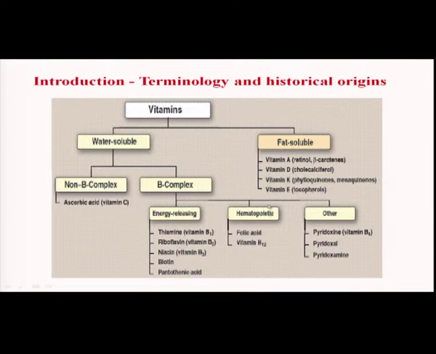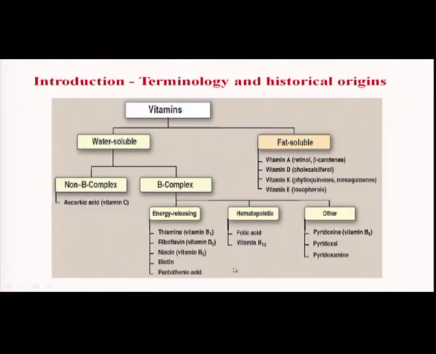Now look at the vitamins which are hematopoietic in nature. What do we mean by hematopoiesis? Hematopoiesis means the process by which the body forms blood cells. For hemoglobin to be formed, to be packed inside RBCs, and to have a healthy oxygen transfer rate by RBCs, you need healthy hemoglobin.